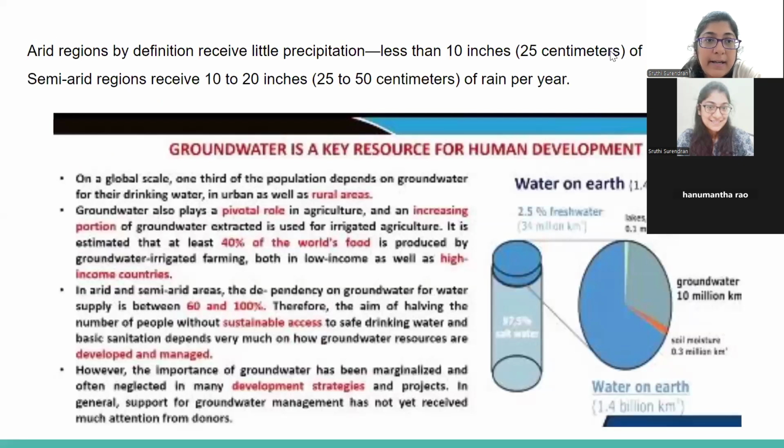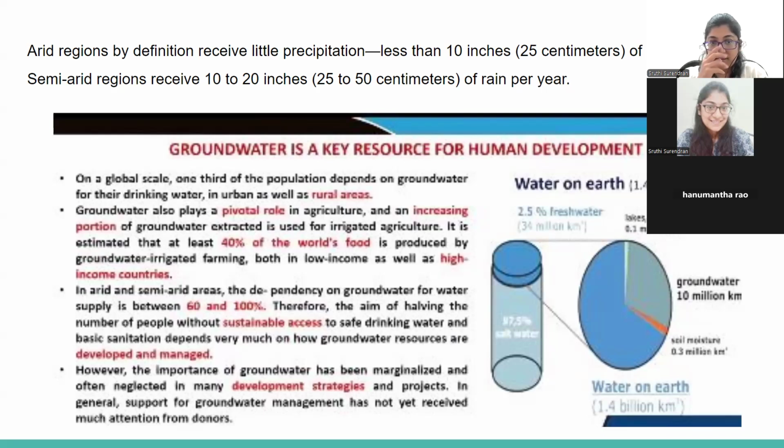Arid regions are regions that, by definition, receive precipitation less than 25 centimeters. And semi-arid regions are regions that receive only 25 to 50 centimeters of rainfall per year.